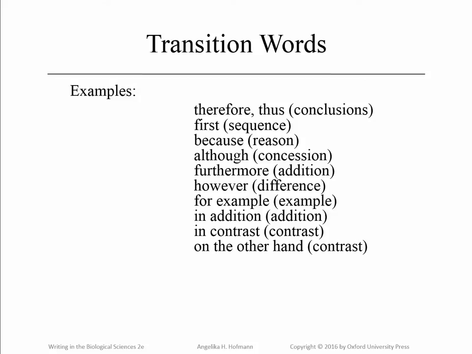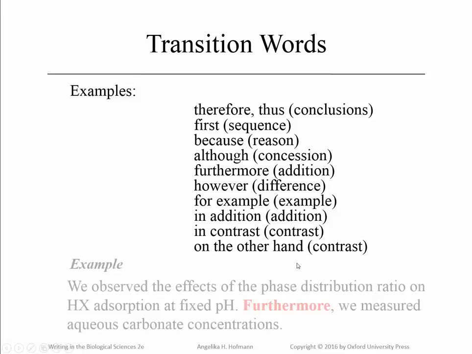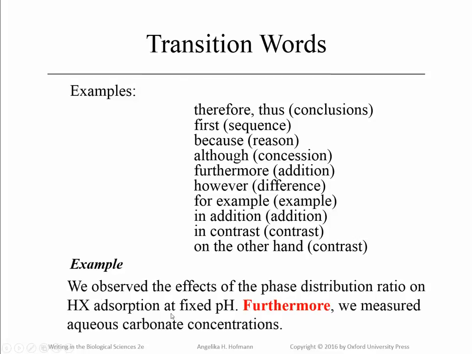So you can use these transition words in between concepts, and it helps tie them together. So here's an example of, I want to tell the reader that we observed these effects of phase distribution, but we also measured aqueous carbonate concentrations. So furthermore means, okay, now in addition we've done a little bit more here.